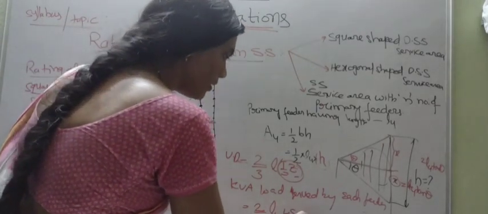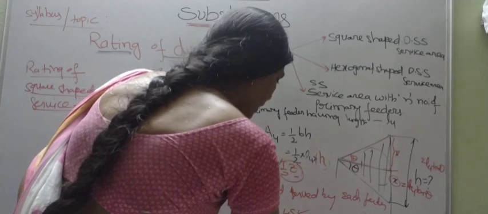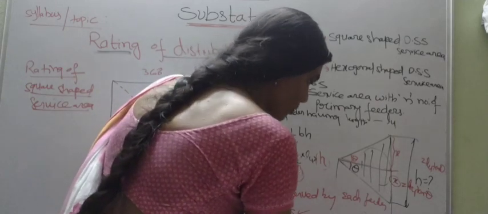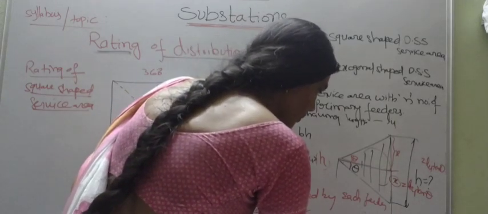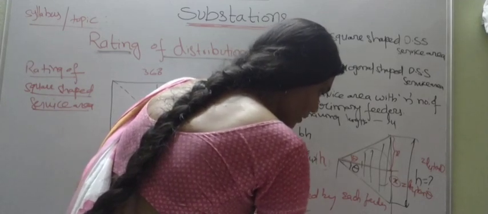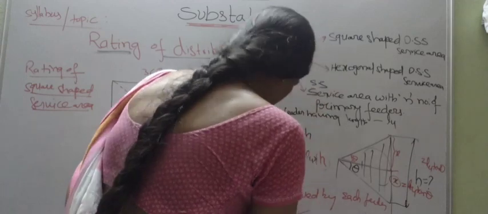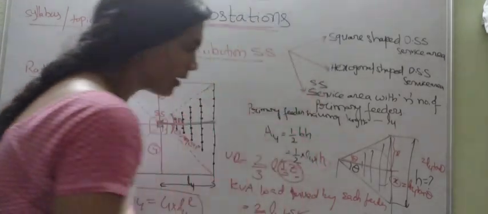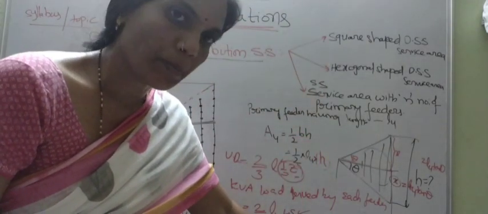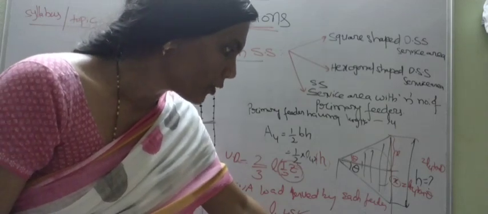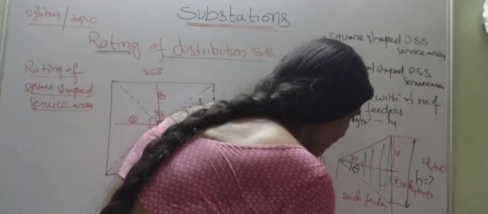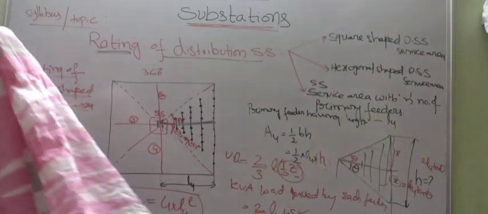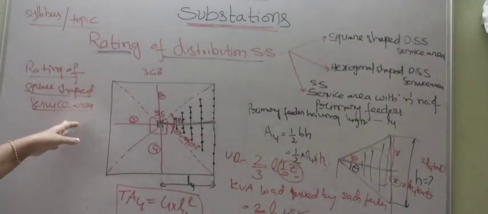Now substitute this value for S4: 2/3 L4 K into A4 into D. But A4 is nothing but L4 square, so 2/3 L4 cube into D into K. So this is the voltage drop of a square shaped service area.